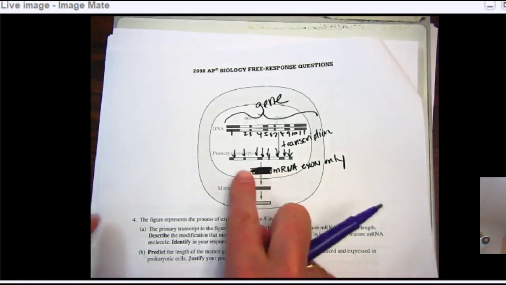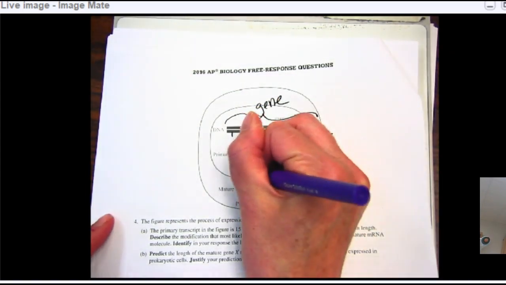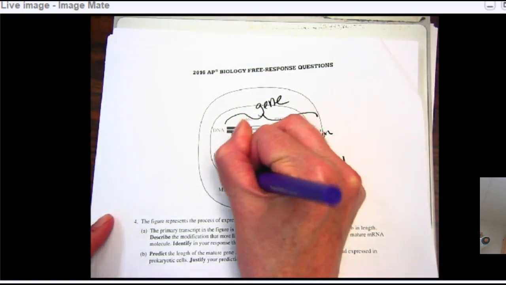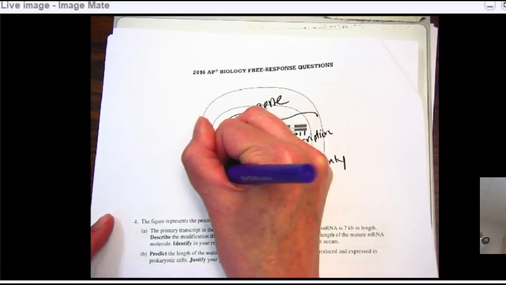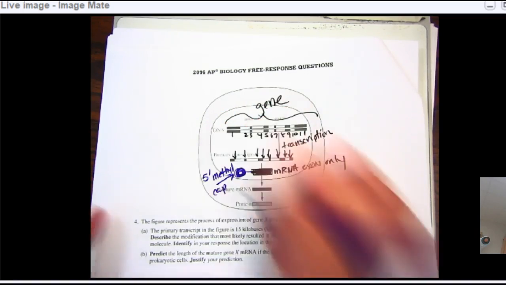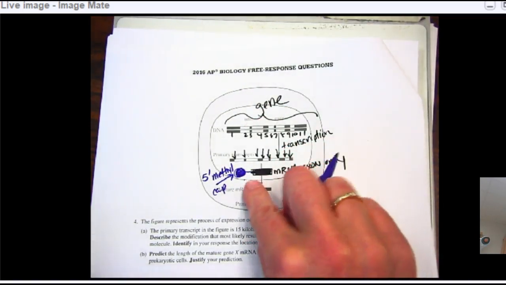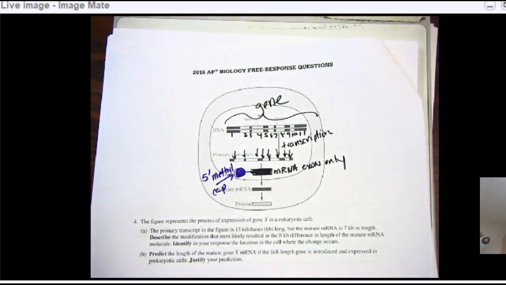So that's one thing, is we have the removal of introns. We put on a 5' methylated cap. That methyl cap allows it to squeeze out through a nuclear pore in the nucleus.